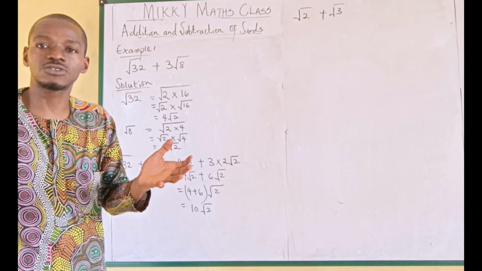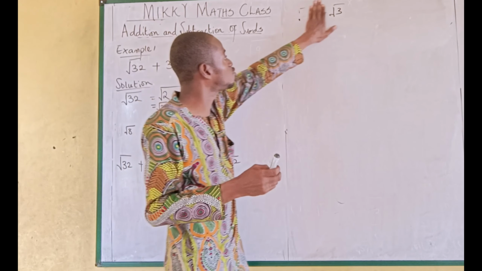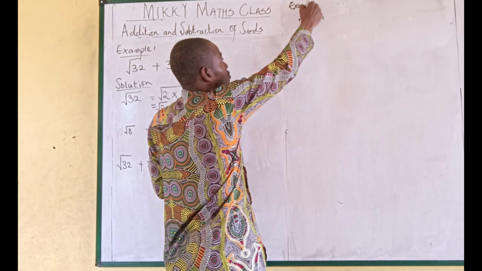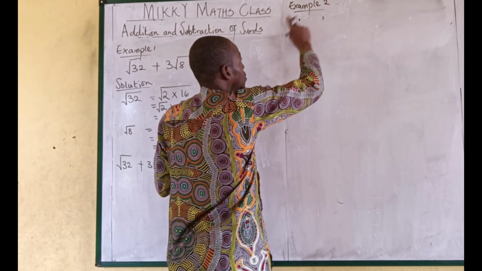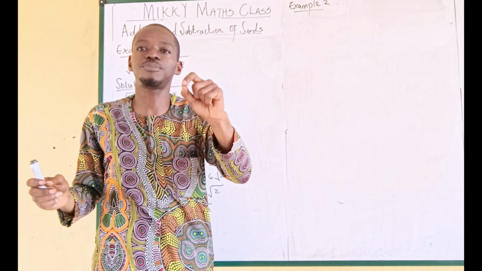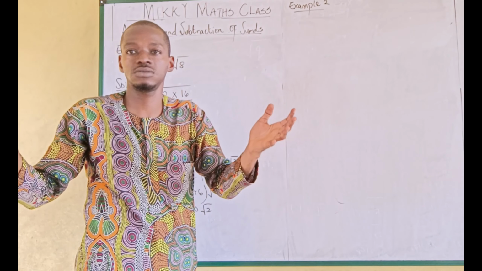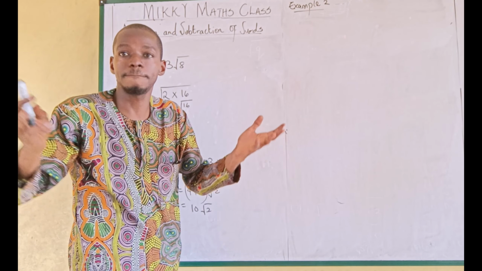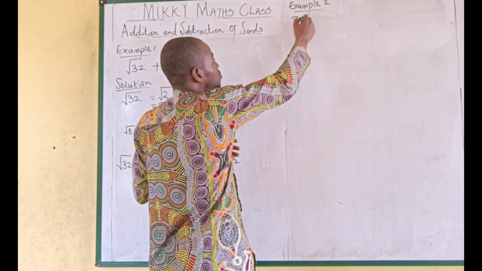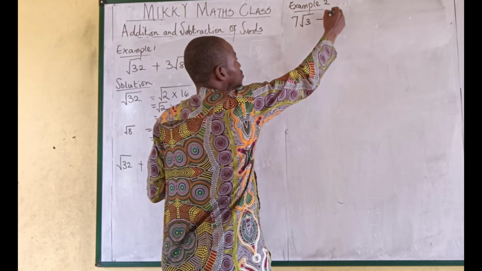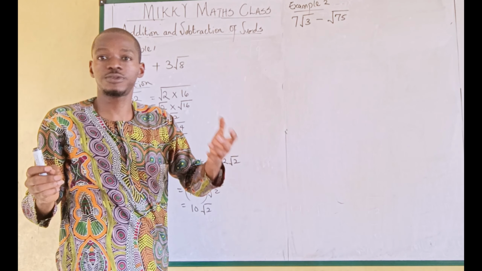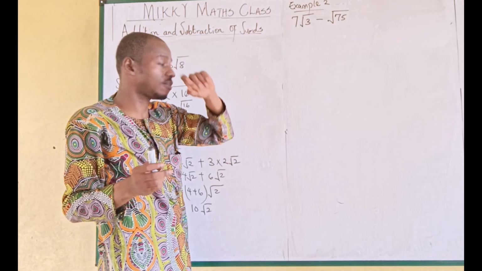I've ended up simplifying the surds and adding the surds together. I can also have a scenario where you are asked to subtract surds. Let's take an example. For example, 7 root 3 minus root 75.